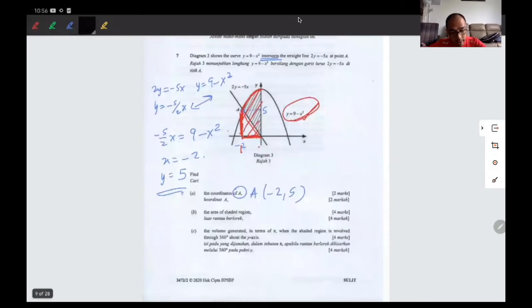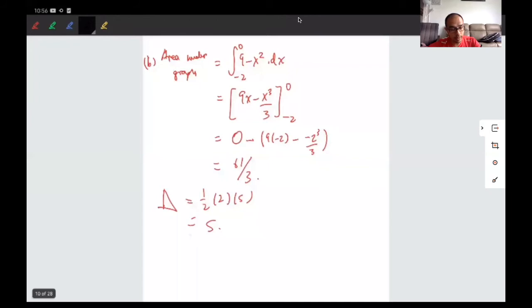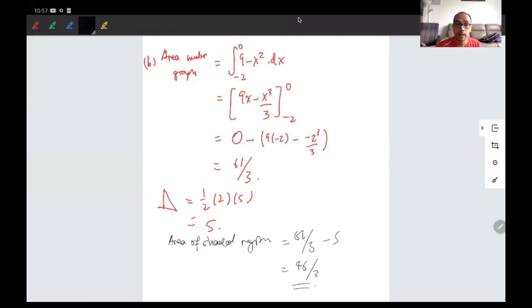Since the coordinate is negative 2 and 5, the length over here is 2 and the height over here is 5. That's the purpose of the coordinate. So the area of the shaded region will be 61 over 3 minus 5, which gives us 46 over 3. This will be our final answer.